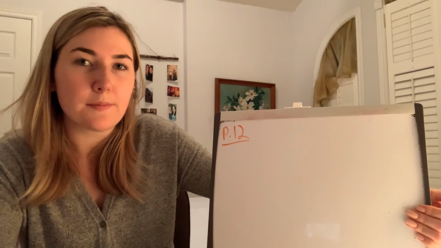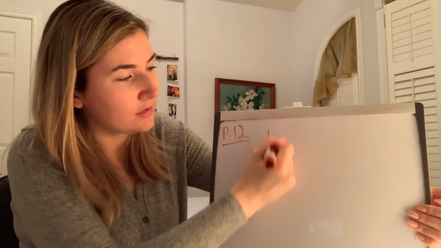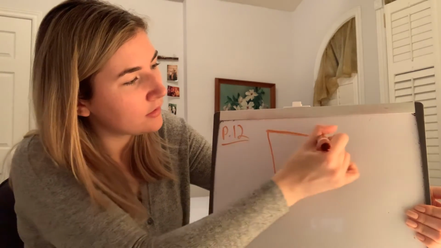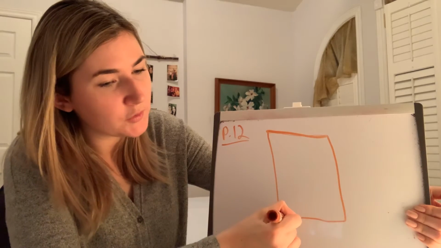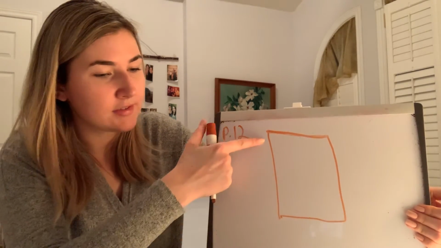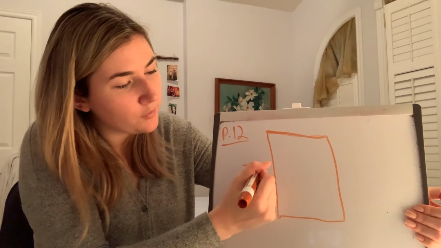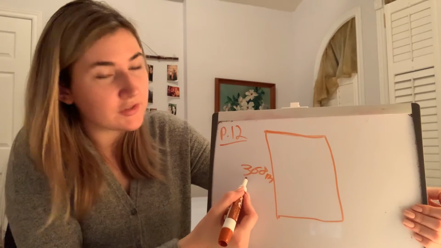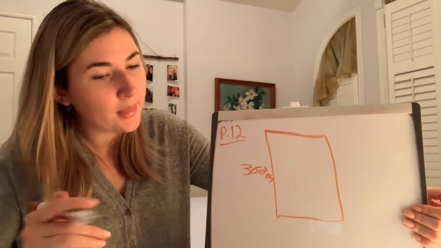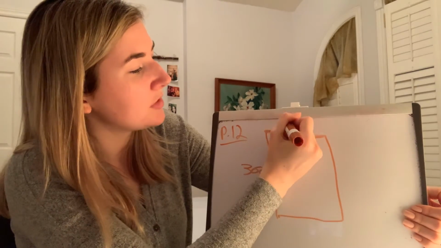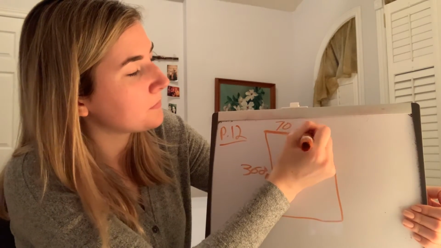So my first step is to draw out our field to see what this looks like. So it says it's 368 meters long, which goes on the side. And don't forget when you're drawing to put in your units. So it's 368 meters. And then the width goes at the top, which is 70 meters.